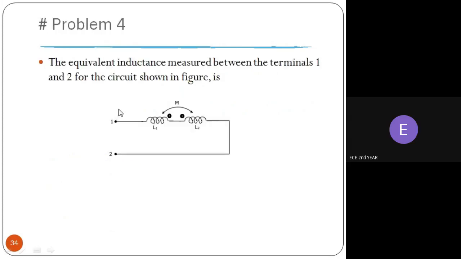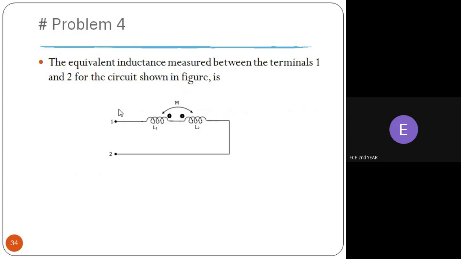And the fourth problem is the equivalent inductance measured between terminals 1 and 2 for the given figure. Consider the elements L1 and L2, which are connected in series combination. Concentrate on the dots.